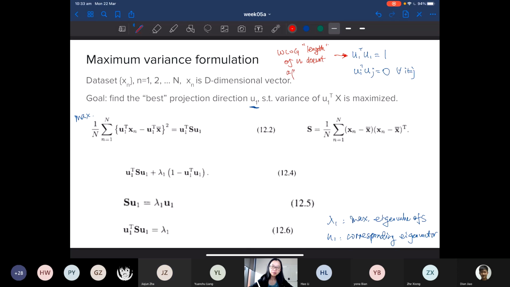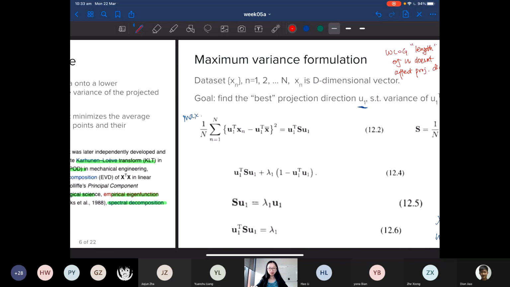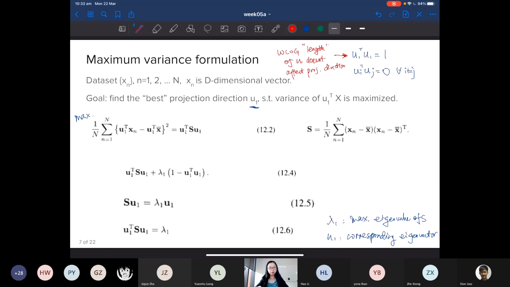It doesn't affect the projection direction. It only affects the value of the projected x, but that's not what the maximum variance objective should consider, up to normalization.